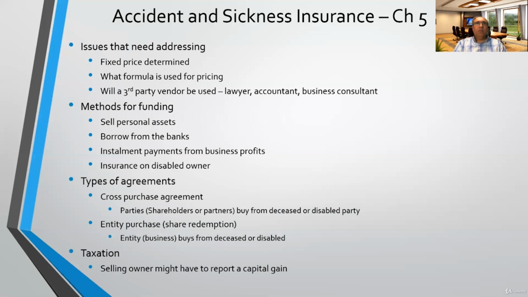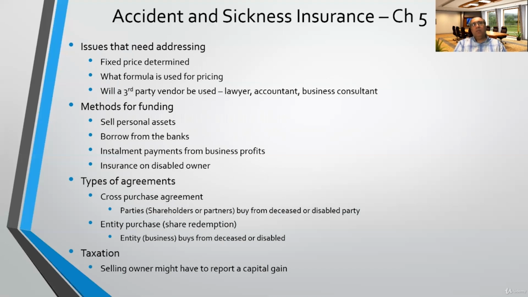And the issues that need addressing include what is the fixed price and what formula are you using? How are you going to determine what formula is used for the pricing? Are you going to use a third-party person, a lawyer, accountant, or a business consultant? Are they going to be involved in this transaction or not?